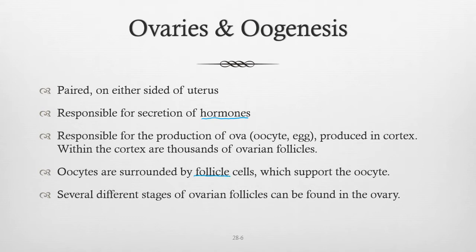And inside those follicles, we have the oocyte. Surrounding the actual follicle itself, we have the follicle cells. And so they're going to surround the actual follicle and maintain its integrity up until the point of ovulation. When we look at any given ovary, we're going to see that it's in different stages of development of follicles.